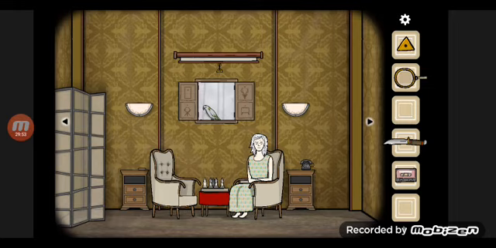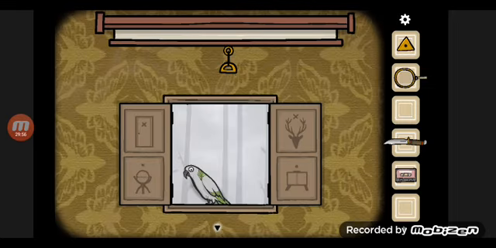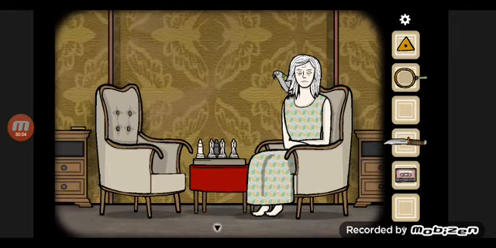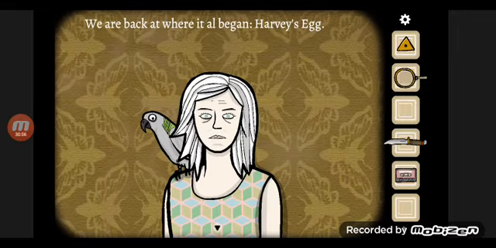Now let's turn to the window and see Harvey sitting on the windowsill. So we approach it, knock on it. Now let's move away and look closer to Laura. We are back where it all began. Harvey's egg.